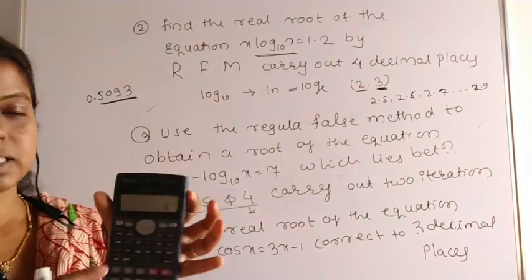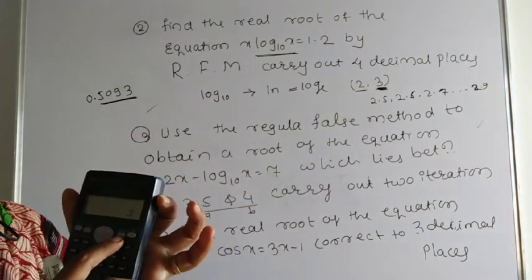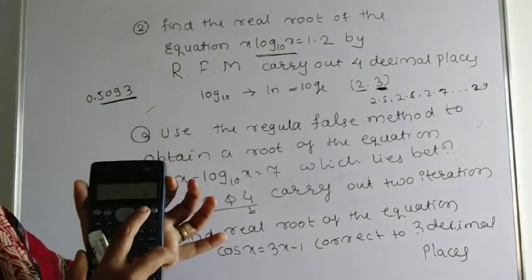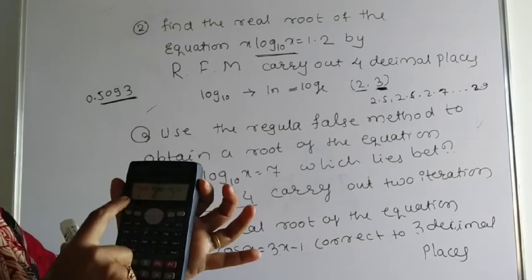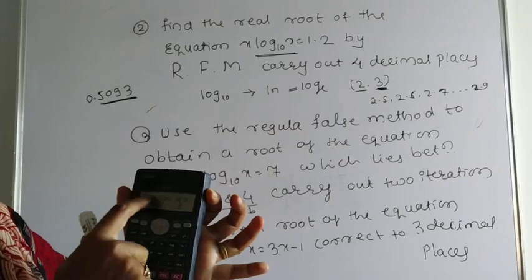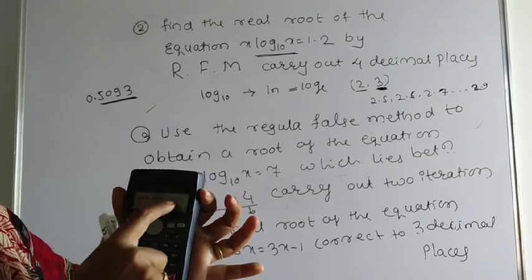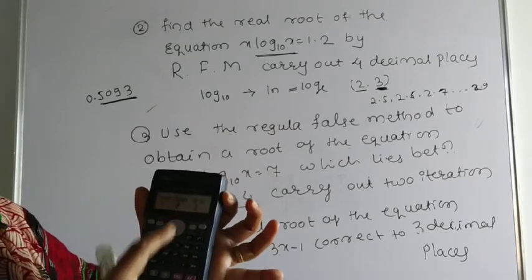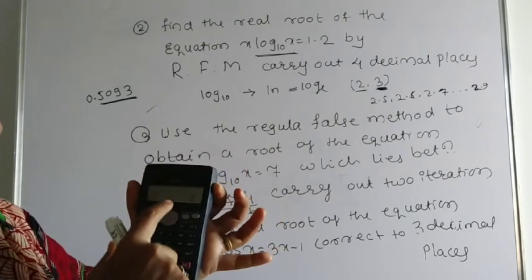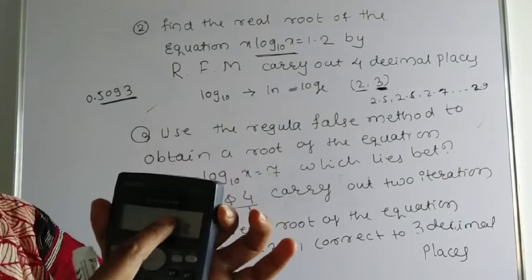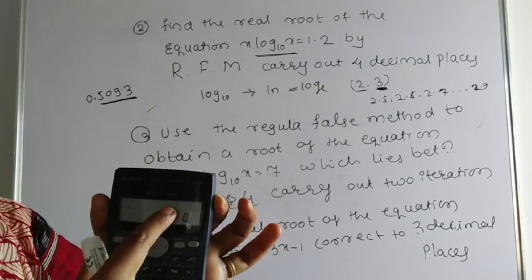In your calci, the mode option is there, and you have to press it 4 times. Here they will ask degree 1, radian 2, grade 3. For radian we have to press 2 and you will get the radian option in a small box.